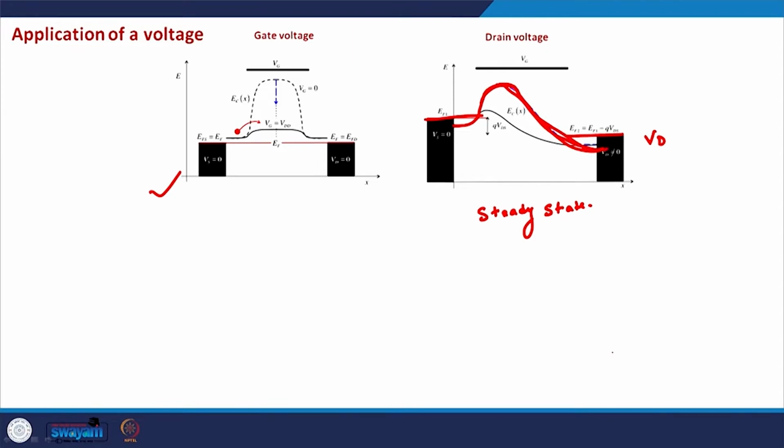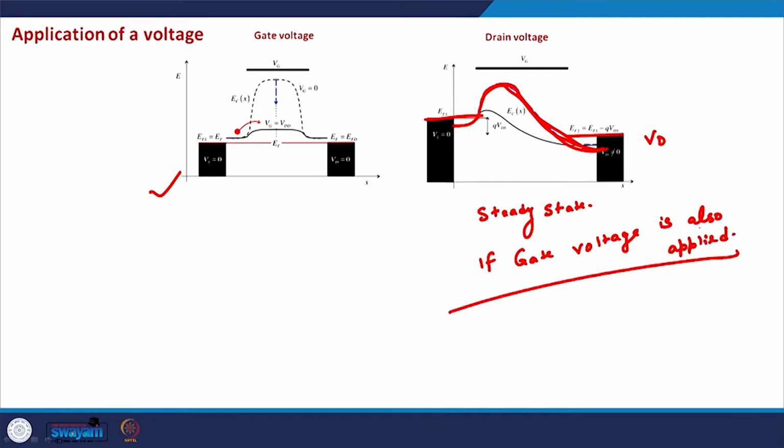This is the case when only the drain voltage is applied. But if the gate voltage is also applied, the barrier height is reduced, and because of the drain voltage we have a barrier which is higher on the drain side.